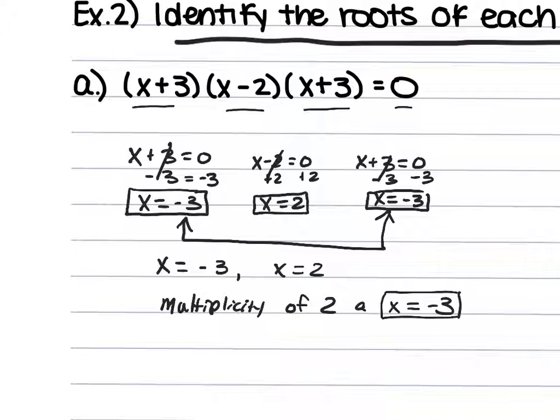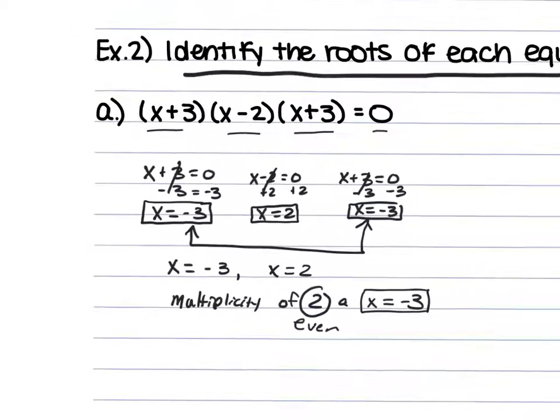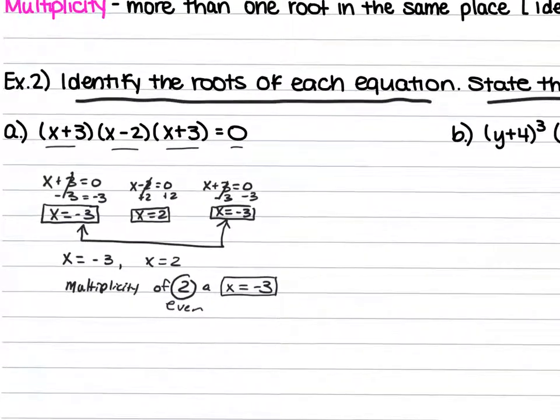At -3, we're going to have this graph coming up and touching the x-axis because that is an even number. Because it's an even number, at -3 it's going to go up and just touch the axis, but not cross it. That'll be the answer. So it's got a multiplicity of 2 at x equals -3.